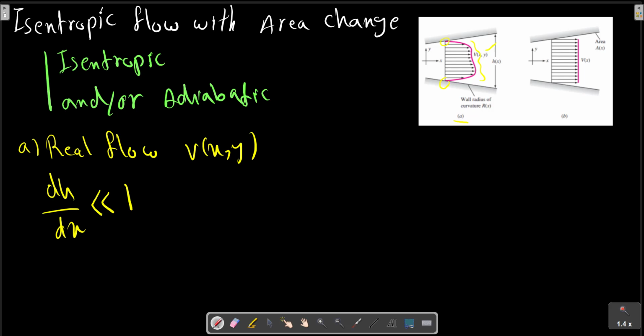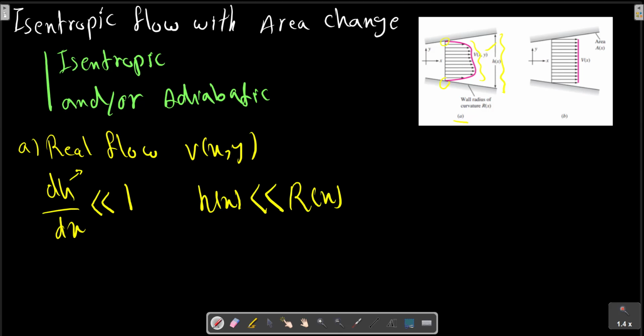Excuse me, it is not enthalpy, it is the distance between two plates, hx, and we know that hx is smaller than the rx.